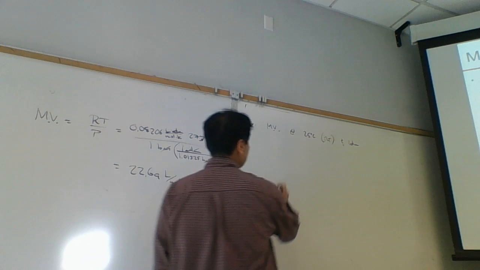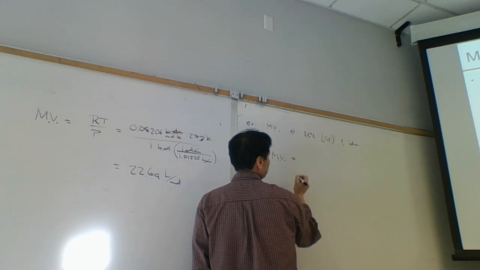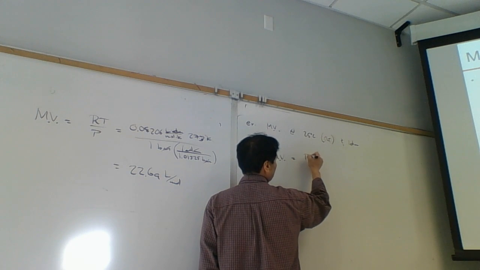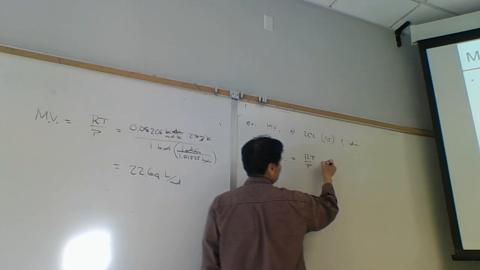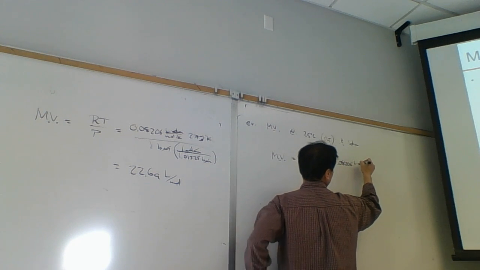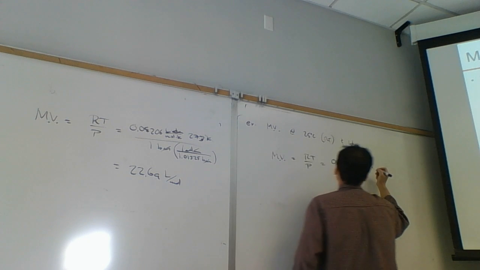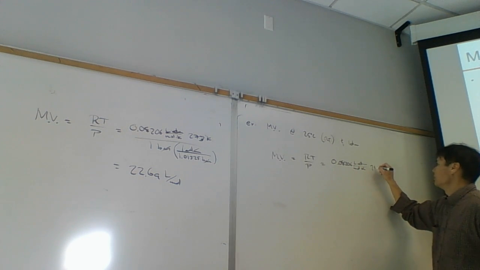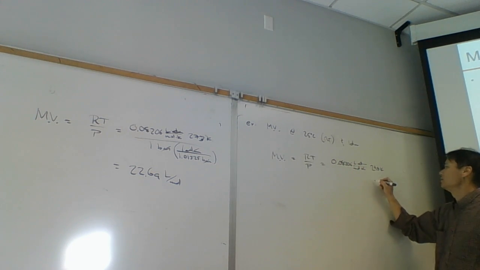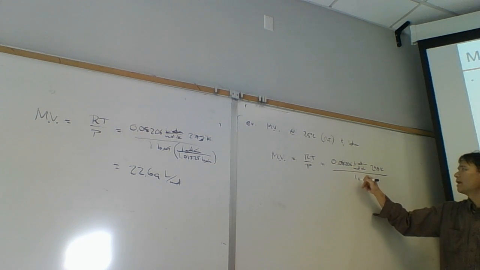So let's calculate the molar volume at room temperature and 1 atmosphere. It's going to equal RT over P. R is 0.08206 liters atmosphere per mole Kelvin. T is going to be 298 Kelvin, since 273 plus 25 is 298. And P is just going to be 1 atmosphere.